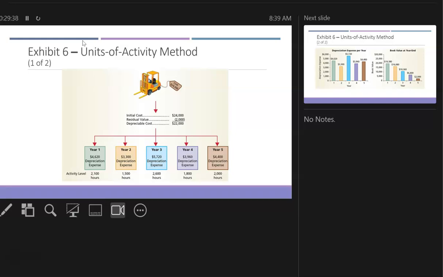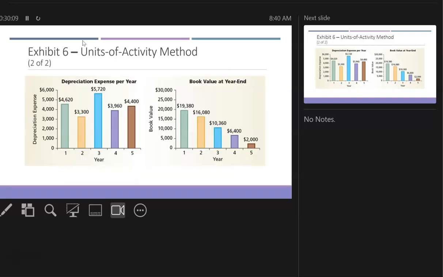As you see, for year one, the forklift showed 2,100 hours used. In year 2, it shows 1,500 hours used. Year 3, 2,600 hours. Year 4, 1,800 hours. Year 5, 5,000 hours. So basically what's happening is the depreciation is based on some activity, in this case, hours of use.